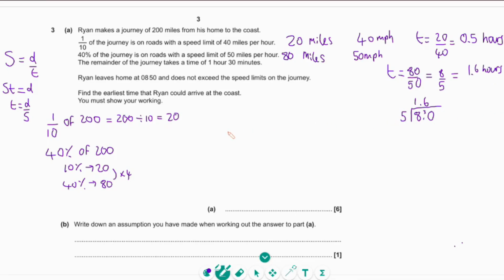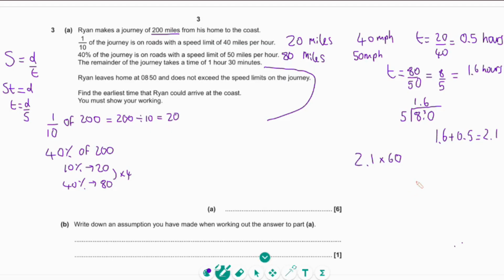Okay, the remainder of the journey. So we've done 20 miles and 80 miles, which is 100 miles. So from his 200 miles, we've got 100 miles left. Oh, we've got the time, 1 hour, 30 minutes. Okay, right. So 1.6 add 0.5 is 2.1 hours. So what is that in hours and minutes? 2.1 times 60.